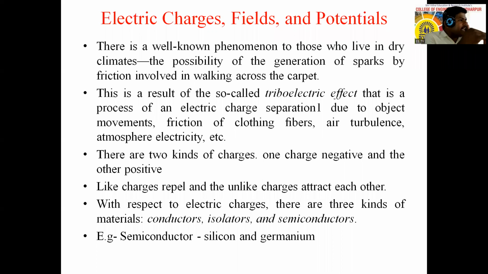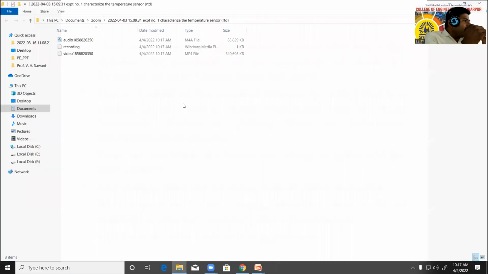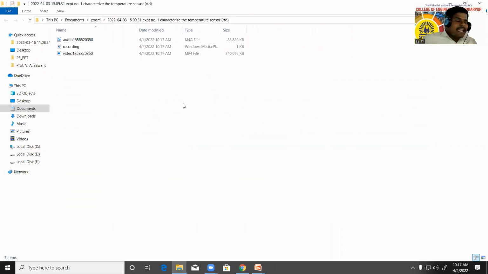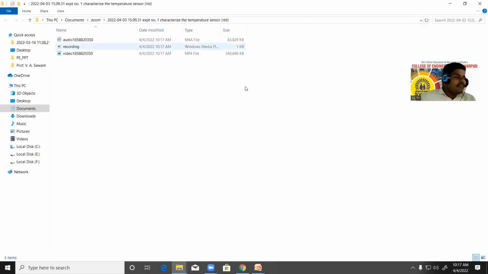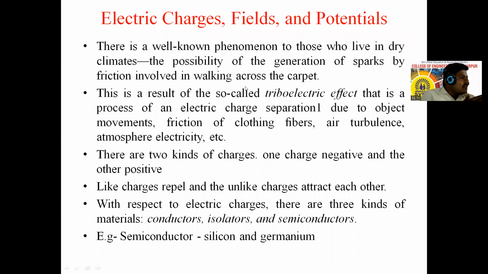So these two contacts are exposed in the air, and in the air gap between these two electrodes there are some ions present in that air, right?